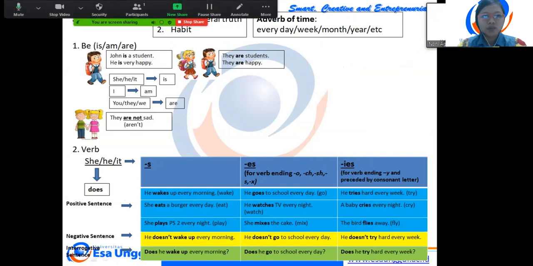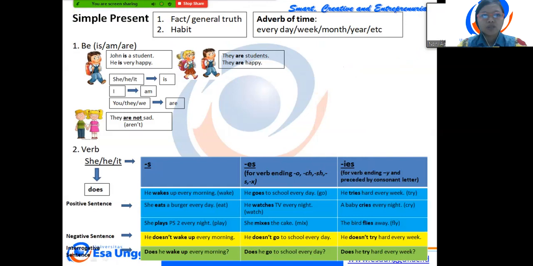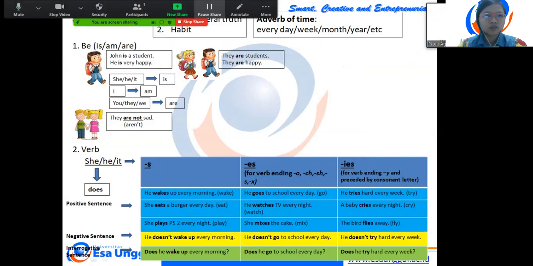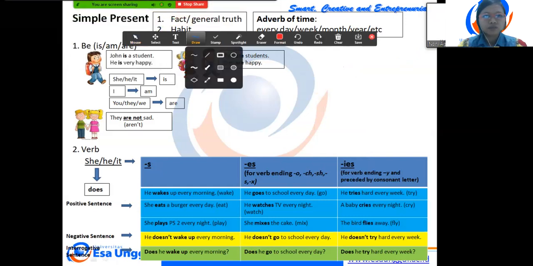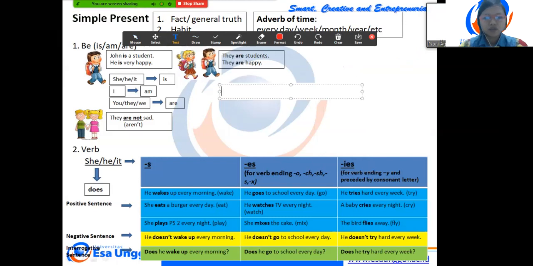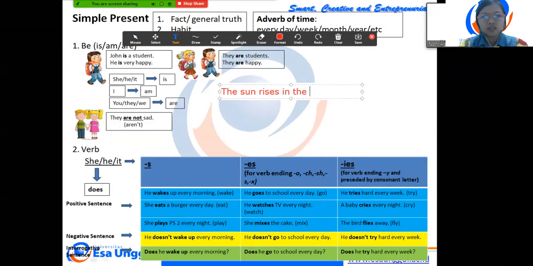Now, simple present. You can use simple present if you want to tell about the fact or general truth. I will write the example of the fact or general truth. The example, the sun rises in the east.